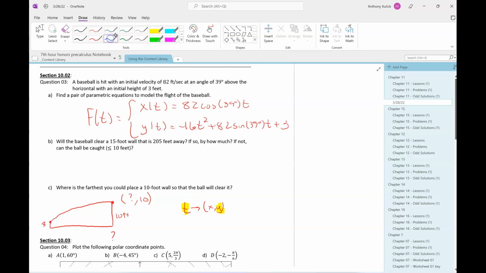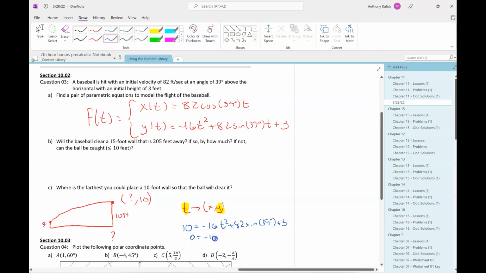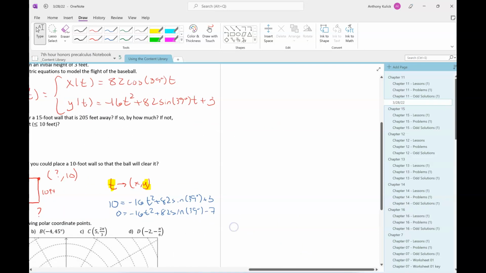So what I'm going to do is take 10 and set it equal to the y equation and solve that for t. So to solve this, I need it to be equal to 0, so I'll subtract 10 from both sides. And this is a quadratic equation now, so I'm just going to apply the quadratic formula.